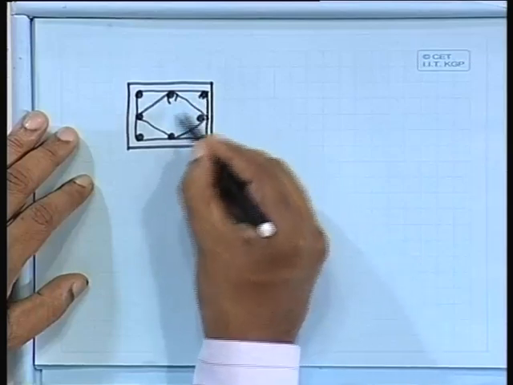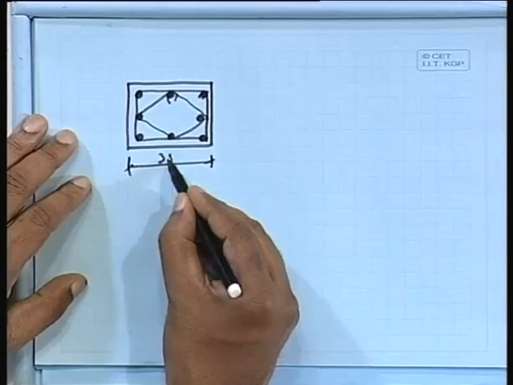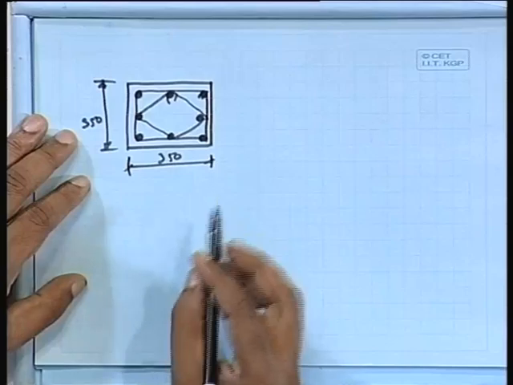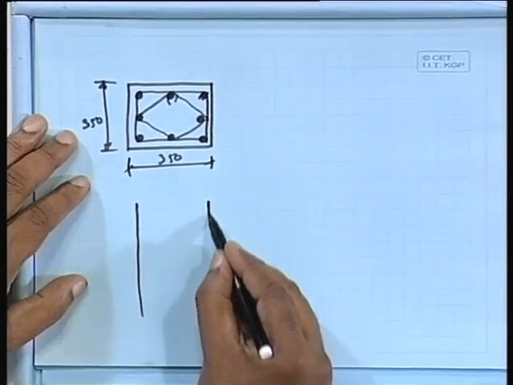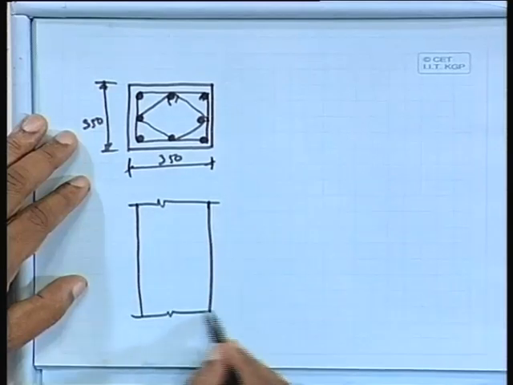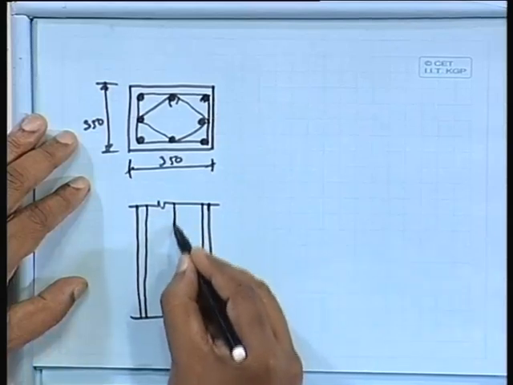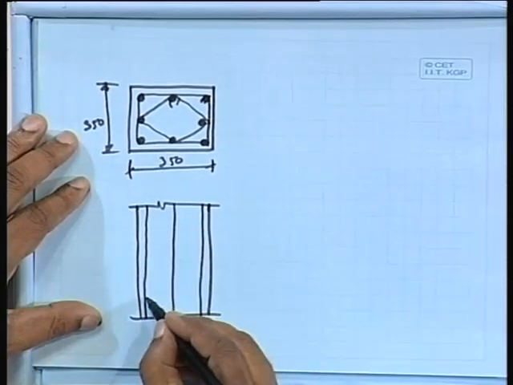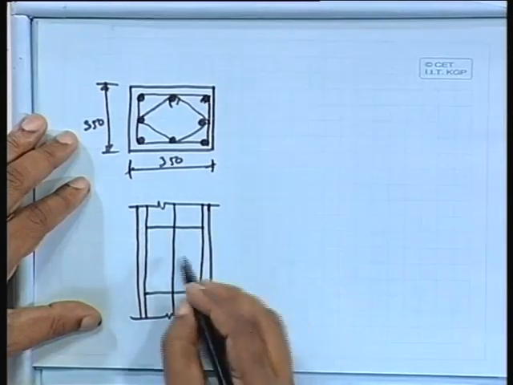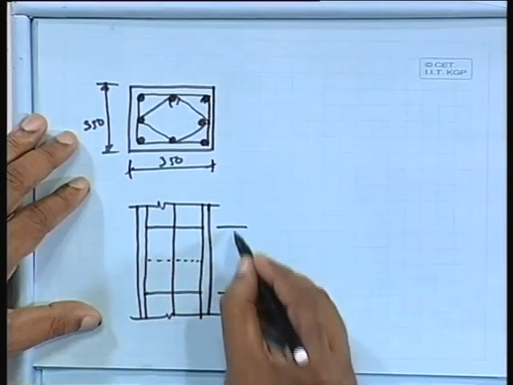Not only for the outer one, for the inner one also you have to provide. This dimension is 350, 350. We can have one bar on the outer side, another bar here, another here, and this gap is 250.